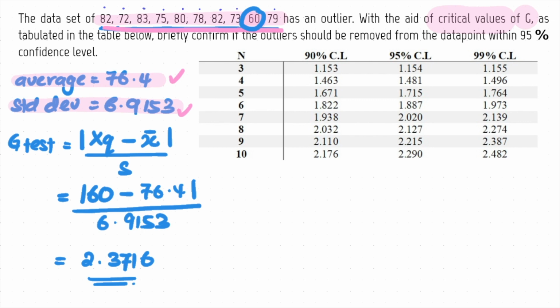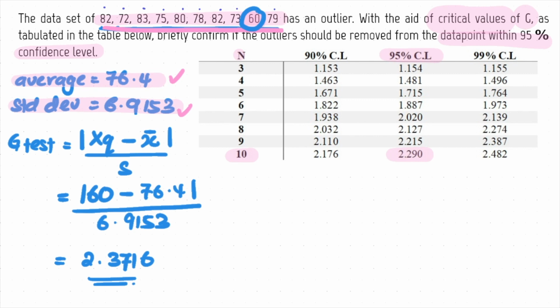Right. Next, we are going to look at the table given to you. In the question, it wants the data point at a 95% confidence level. So we are going to look at the 95% confidence level and then the value of n. We have 10 data points altogether, so n is equivalent to 10. So your G critical is equivalent to 2.290.